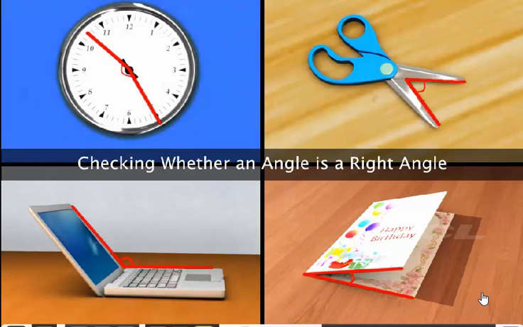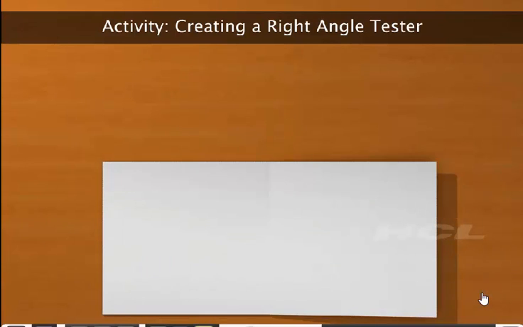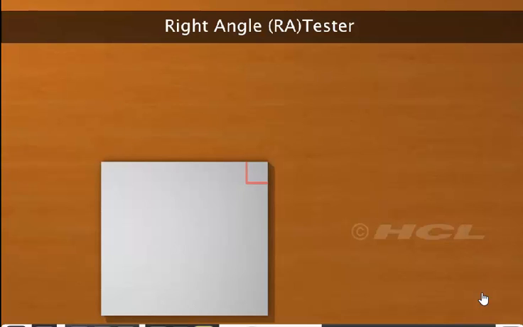There is an easy way to check whether an angle is a right angle or not by using a right angle tester. You can create your own tester. Take a piece of paper and fold it as shown. Your right angle tester or RA tester is ready.